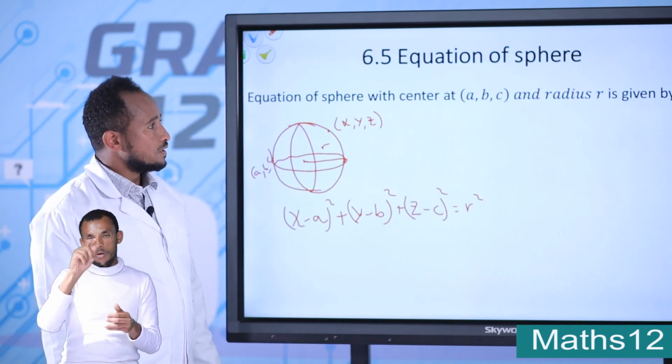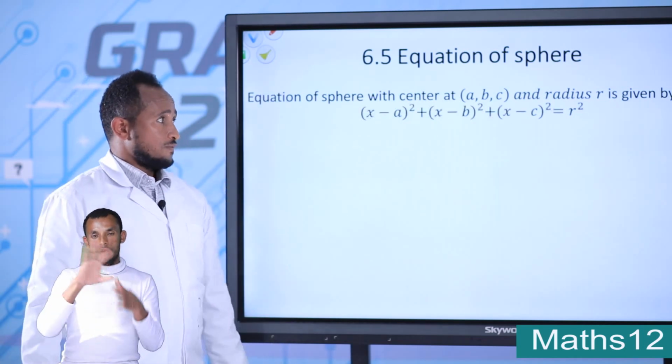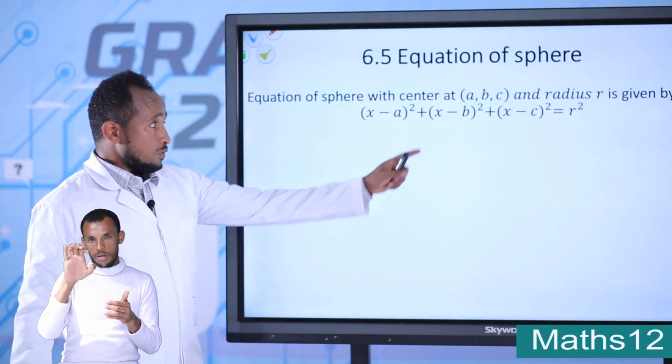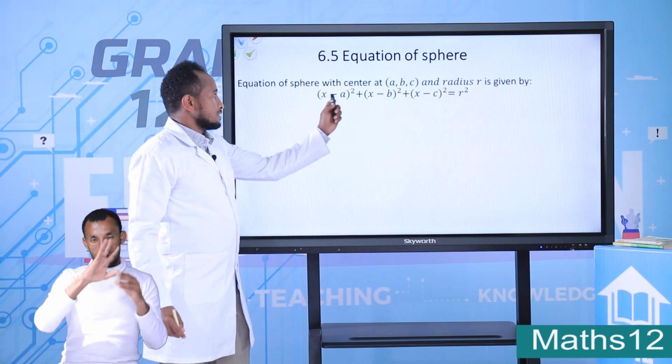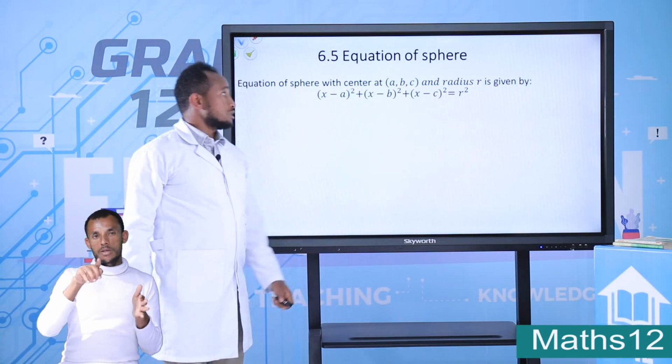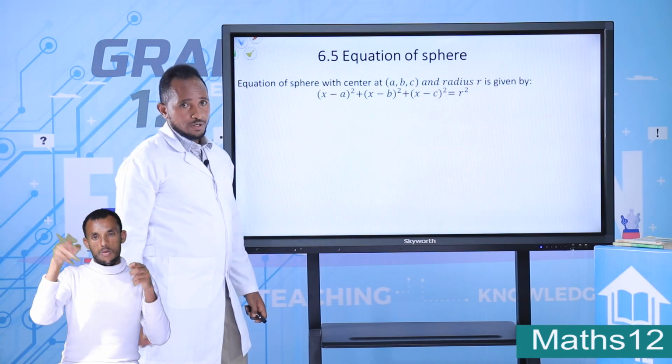This is the equation of the sphere. Therefore, the equation of a sphere whose center is a, b, c and radius r is given by x minus a whole squared plus y minus b whole squared plus z minus c squared is equal to r squared.